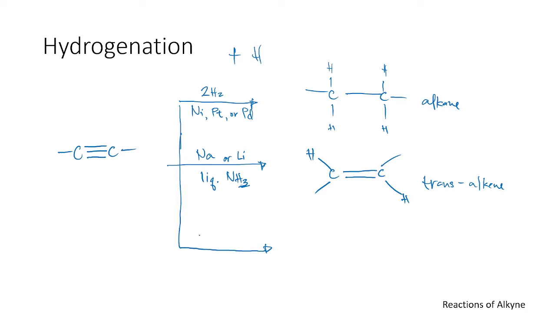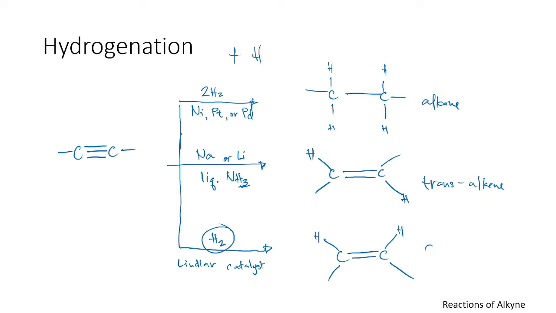For the last type of reaction, we use 1 molar equivalent of hydrogen and what we call Lindlar catalyst. We will have what we call a cis alkene, wherein by cis alkene, these 2 hydrogens will attach themselves to the same side of our double bond.